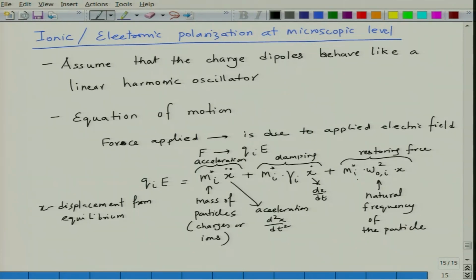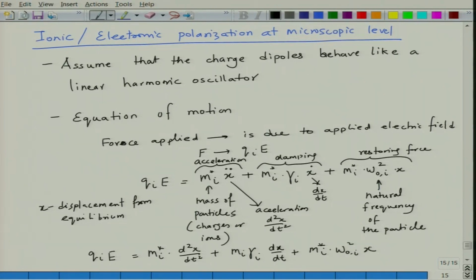And x is the displacement. So we can write this equation alternatively as qiE is equal to mi star into d2x by dt square plus mi gamma i into dx by dt plus mi star into omega naught i square into x.